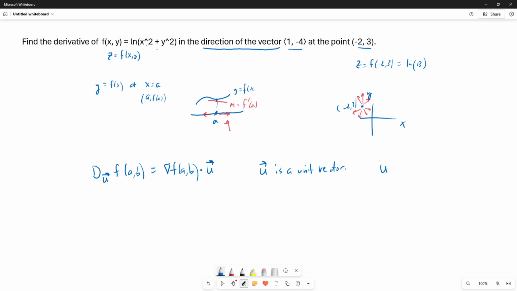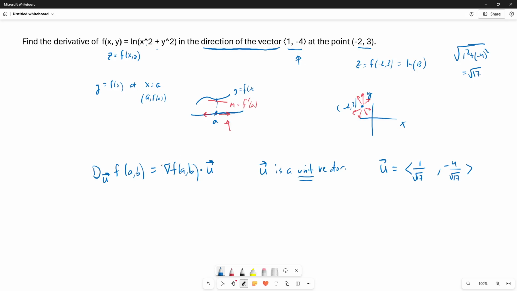In this problem, u is the vector ⟨1 over the magnitude, -4 over the magnitude⟩. The magnitude is the square root of 1² + (-4)², which is the square root of 17. So the unit vector is ⟨1/√17, -4/√17⟩. That is the vector u that we're going to use in this calculation, not the given vector. The given vector had to be normalized and turned into a unit vector.